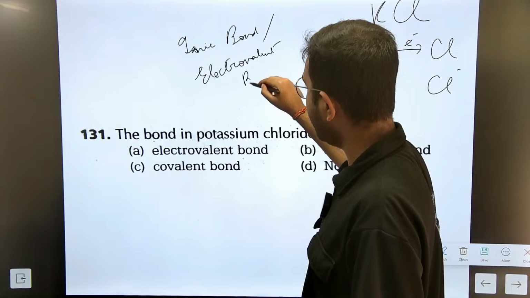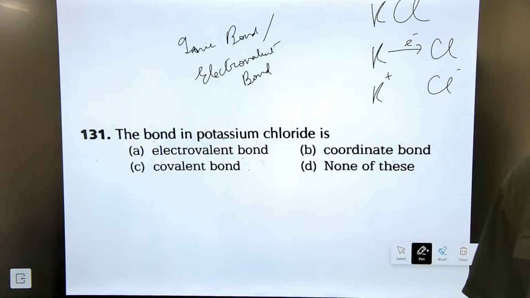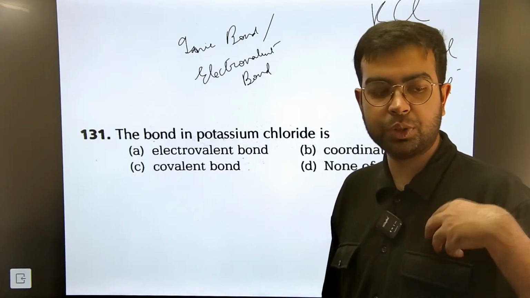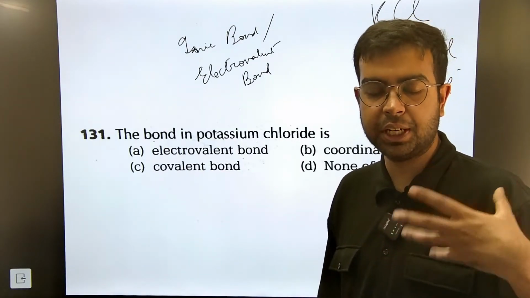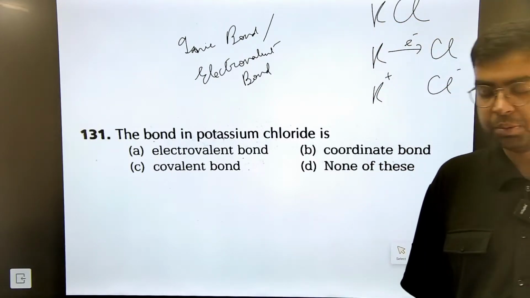See, don't get confused. Ionic bond and electrovalent bond are the same things. They take place whenever one element gives its electron to the other element to achieve its stable state.